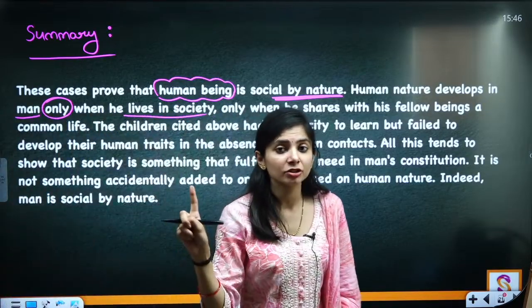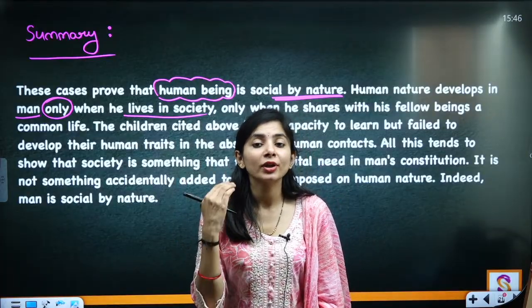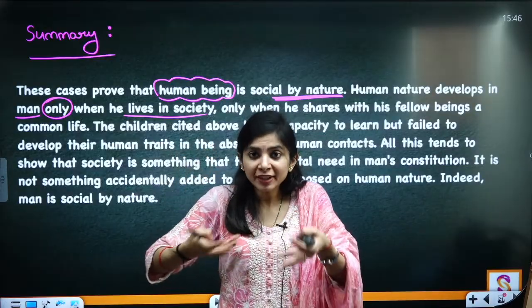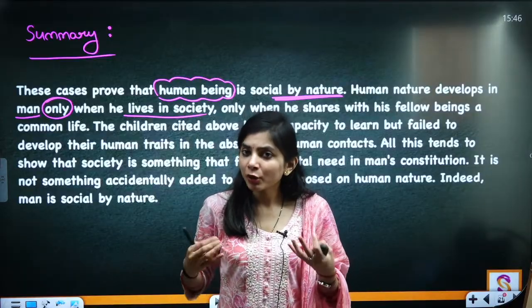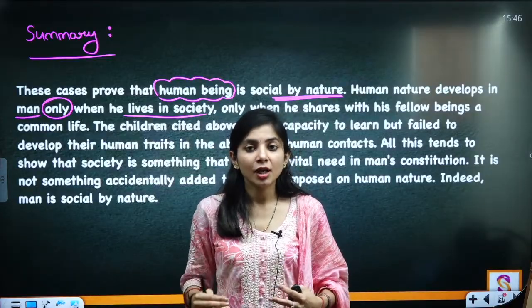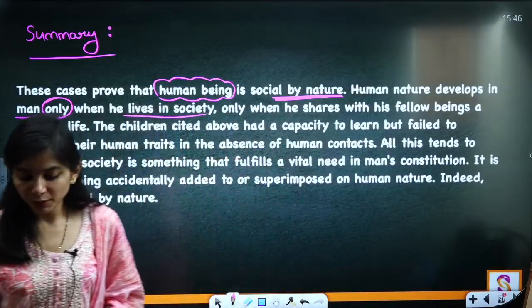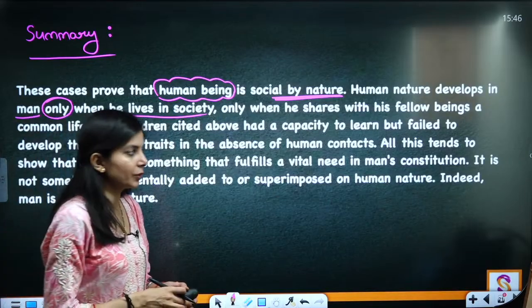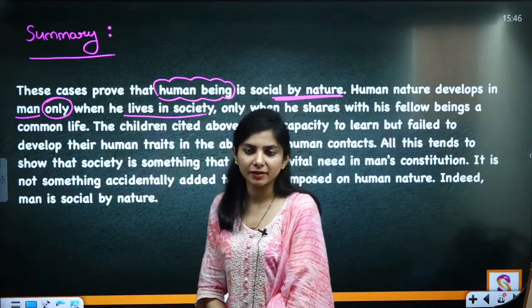If you are not living in society, you would be shy, introvert, quite possibly not even able to demonstrate the same behavior as a normal human being. Quite possibly not able to walk on two feet, not able to speak words, not able to understand what other people are saying or doing. So this is what we refer to in this part.